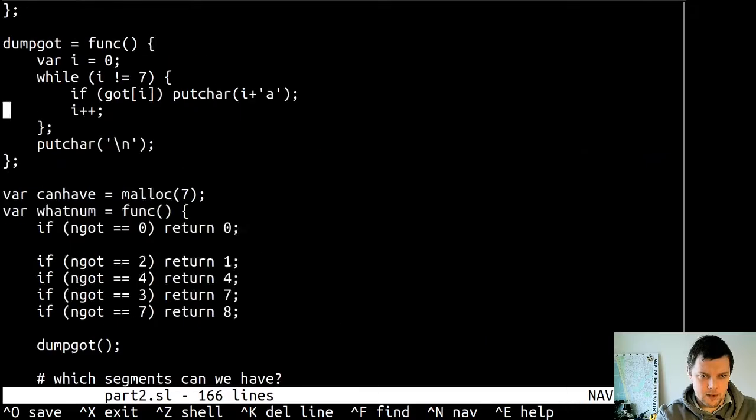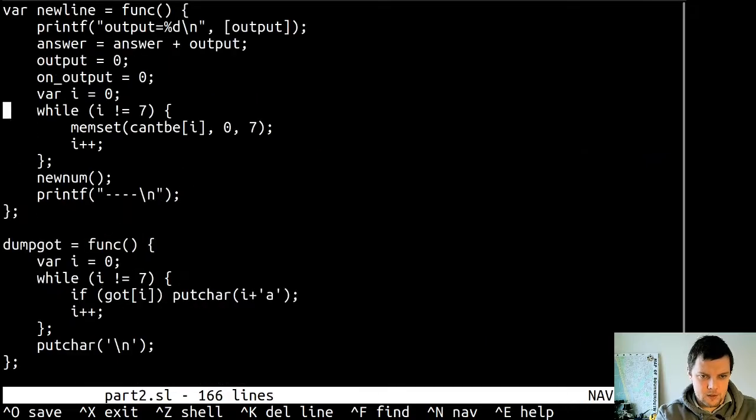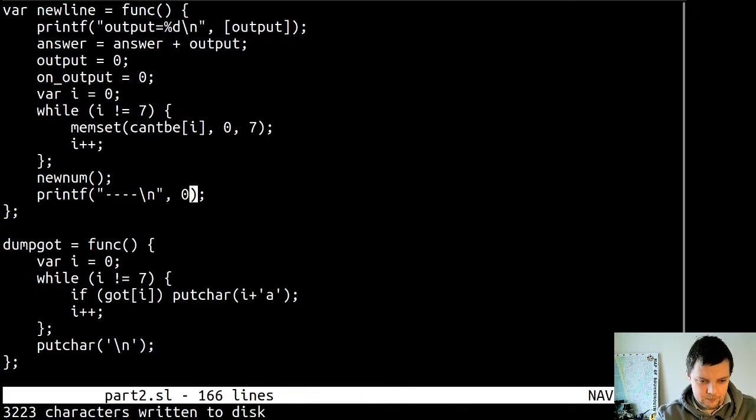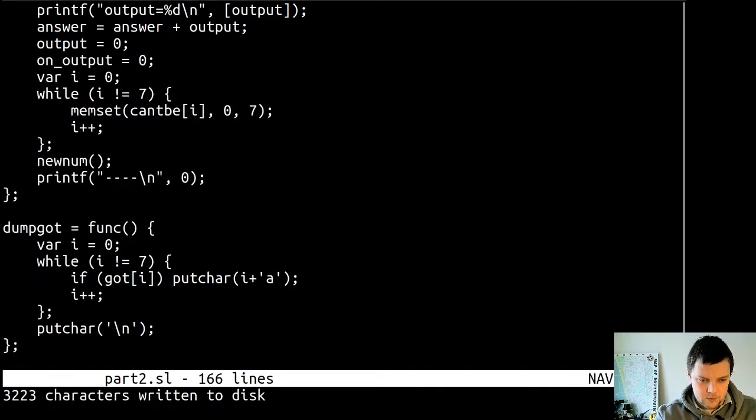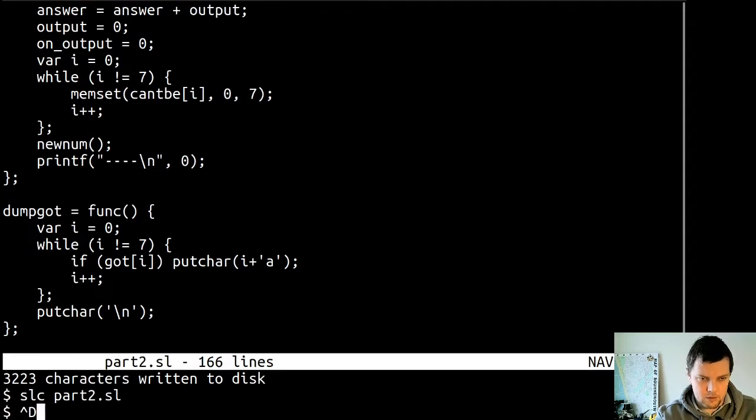So where does it do that? Ah, it was printf. There we go. So actually we don't want the return 0.